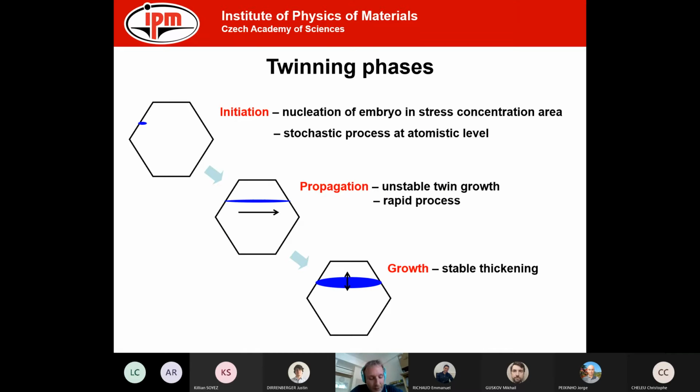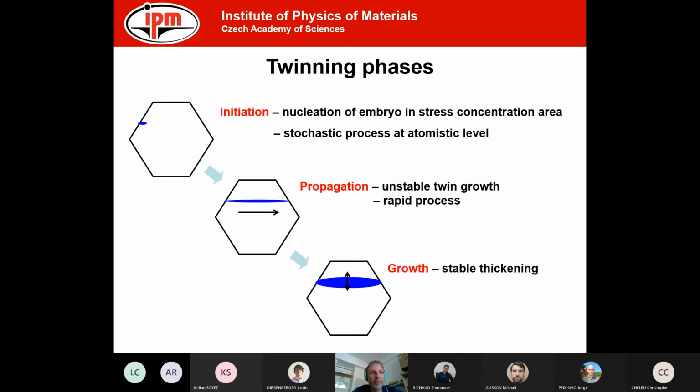It's a bit different from slip deformation because it has three distinct phases. The first one is called initiation. It's a very local process on the atomistic level, based on the creation of the twin embryo at some area with a stress concentration.